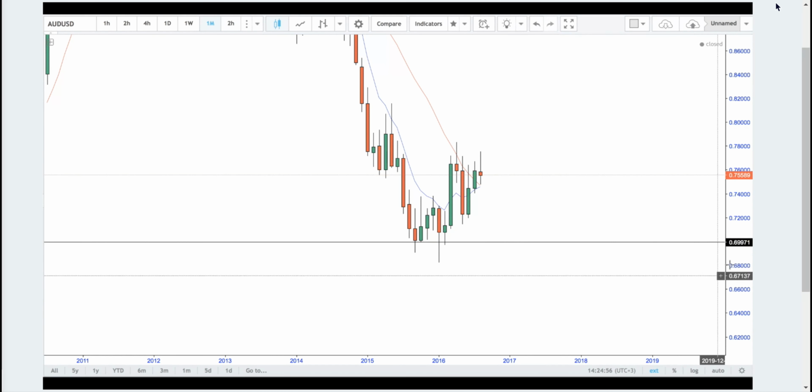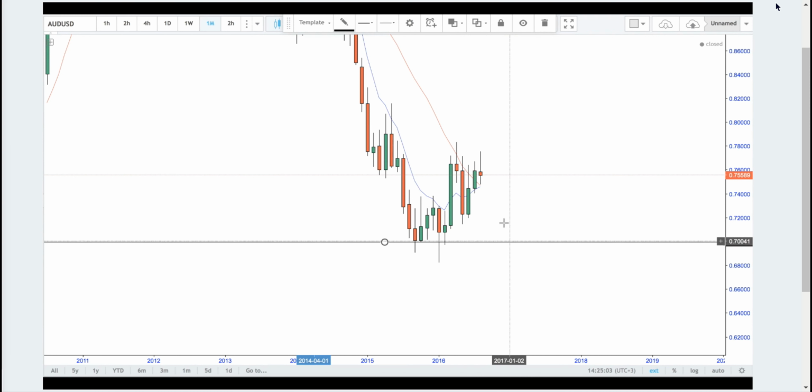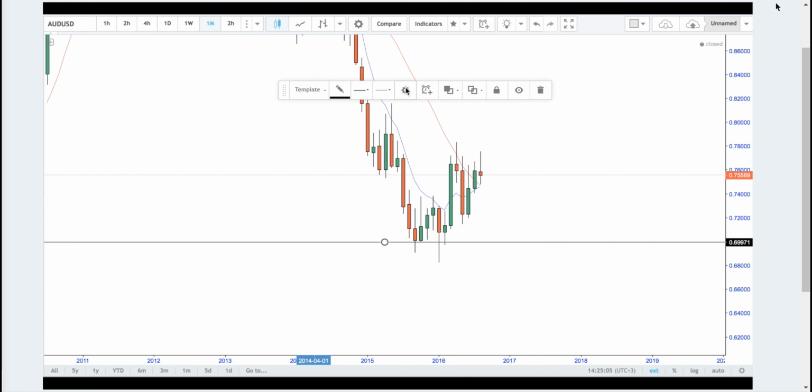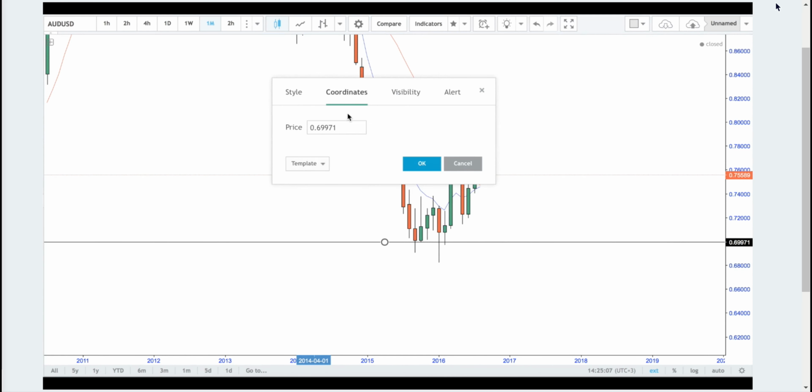So 0.7 is my first one. And what we can do as well, guys, instead of sitting here and trying to snap on, bang on, what we can actually do with TradingView is click the line and this bar will appear. We can go to settings, go to coordinates, and modify the coordinates.